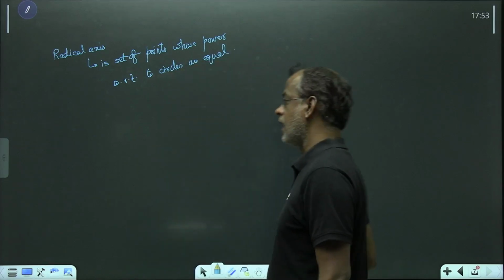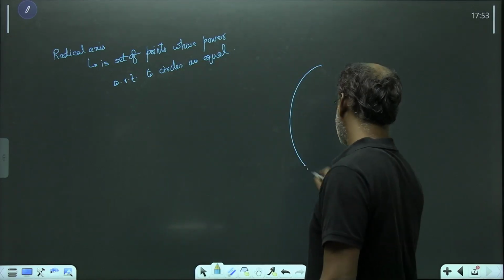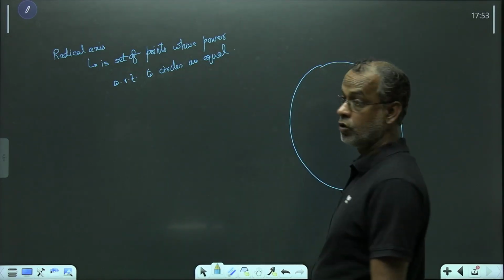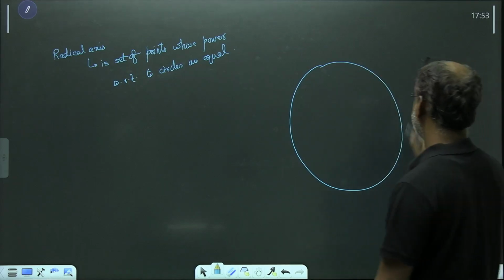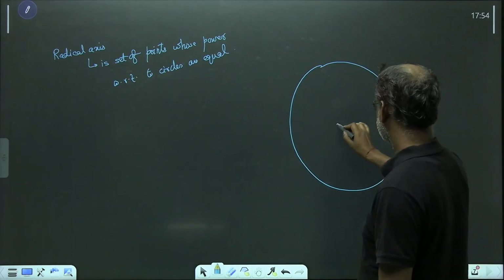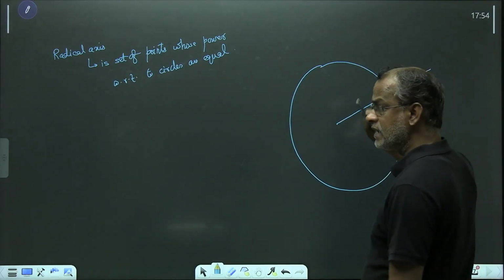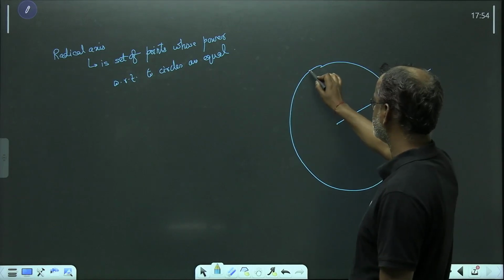What is power? I hope you are able to recall. I believe I have told you once. If the point is outside or inside, the expression is the same.